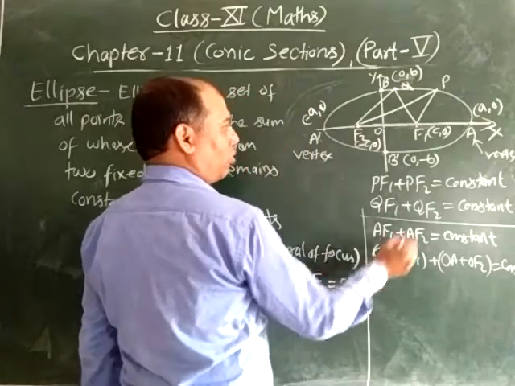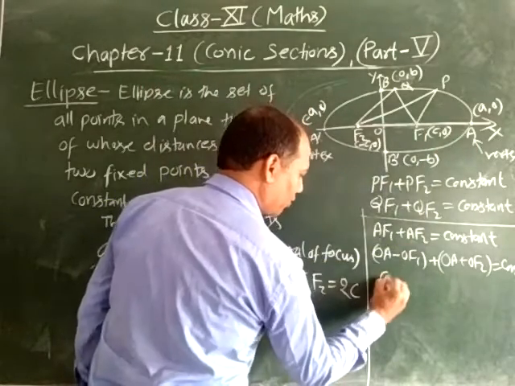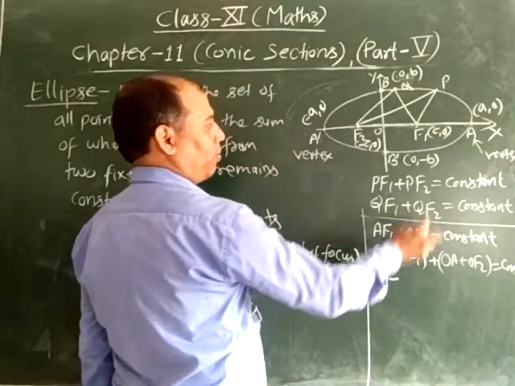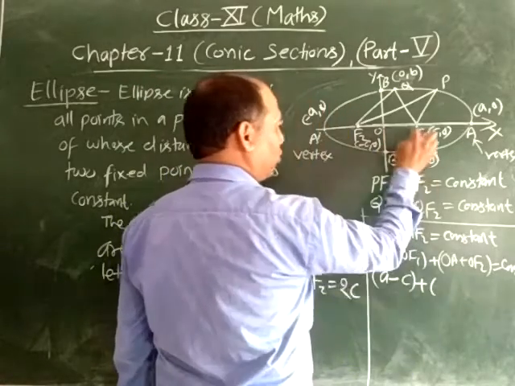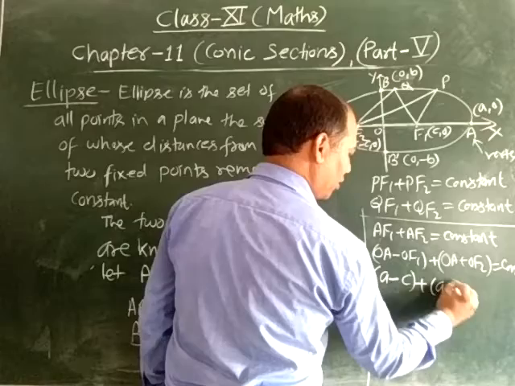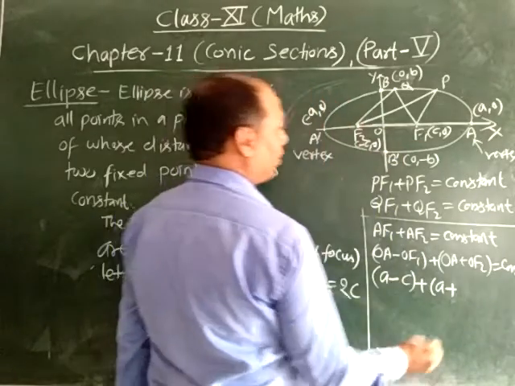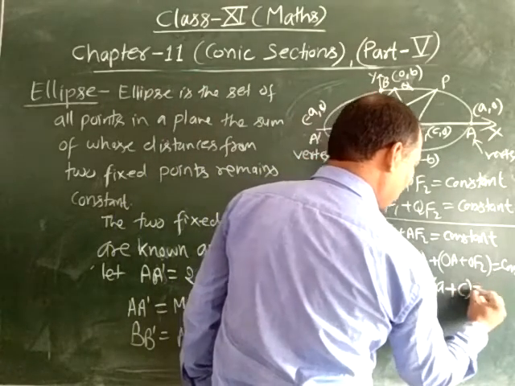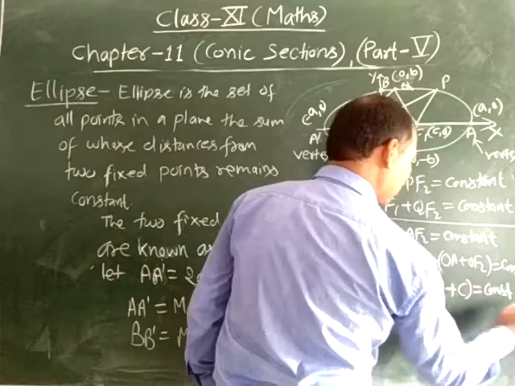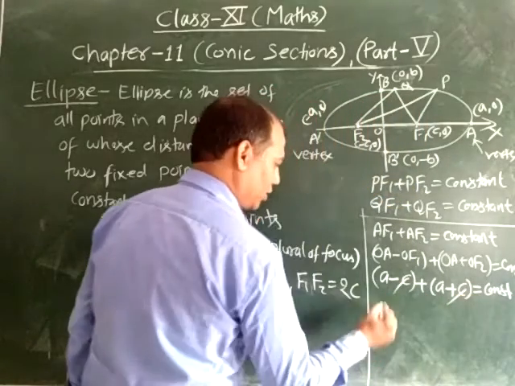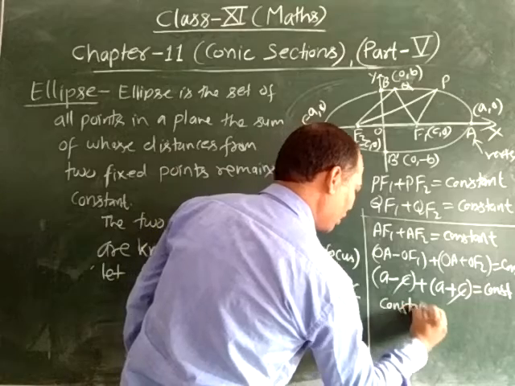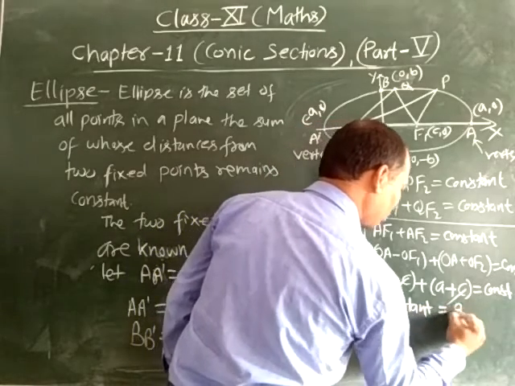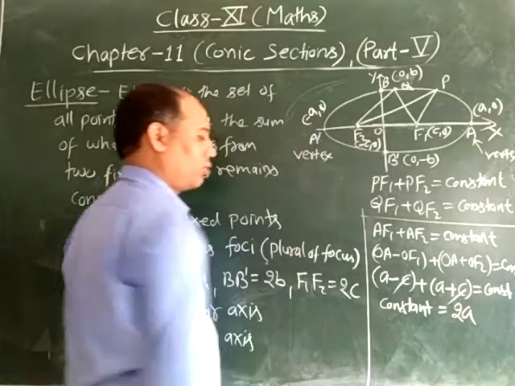OA is equal to A and OF1 is equal to C, and OA is again A and OF2 is equal to C, which equals the constant. C is cancelled out with C, so the constant value becomes 2A, A plus A is 2A.